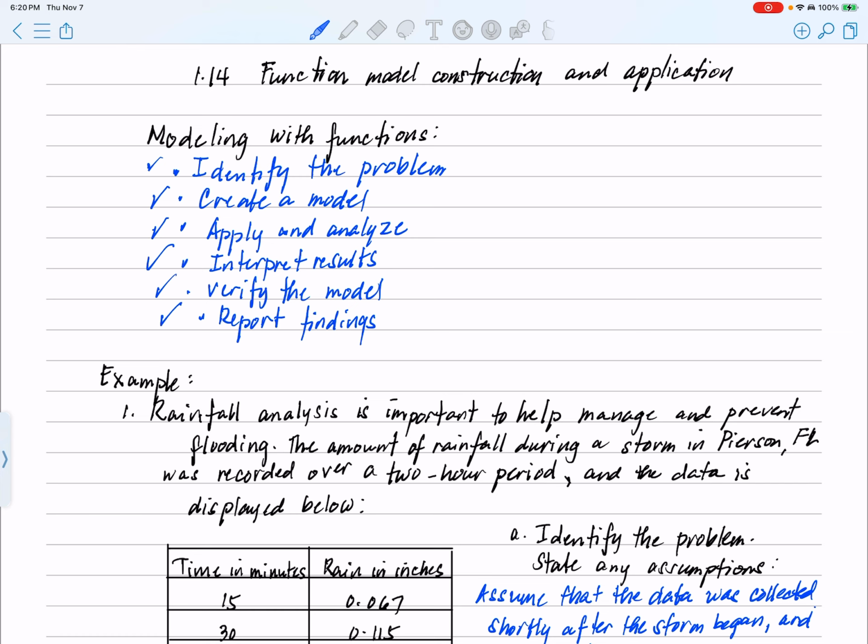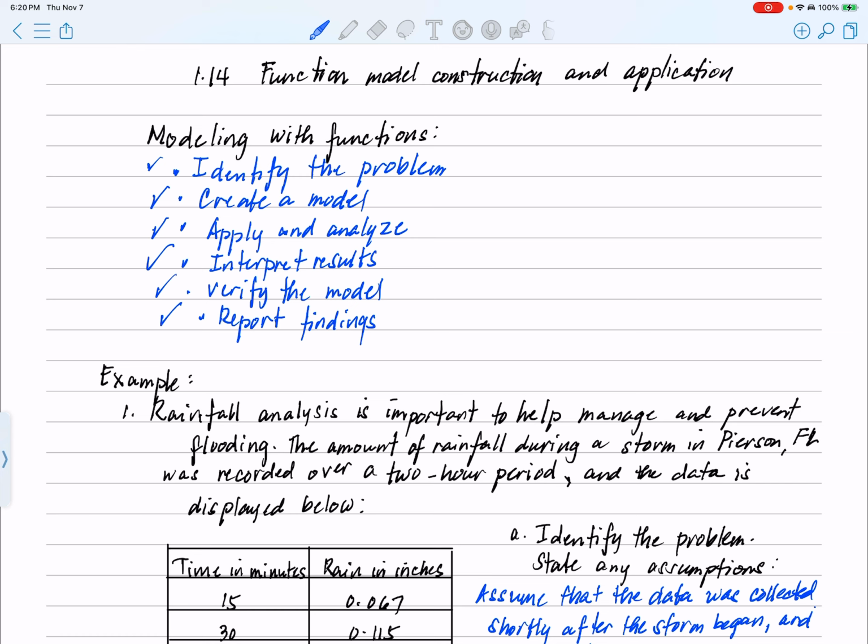Reporting a model does not include technical algebraic work or mathematical jargon that could confuse the audience. Okay, these are the steps of modeling with functions. There are 6 of them. This is what we're going to do in the examples.